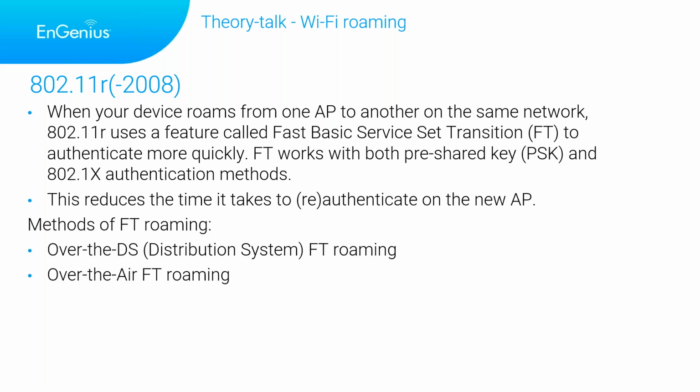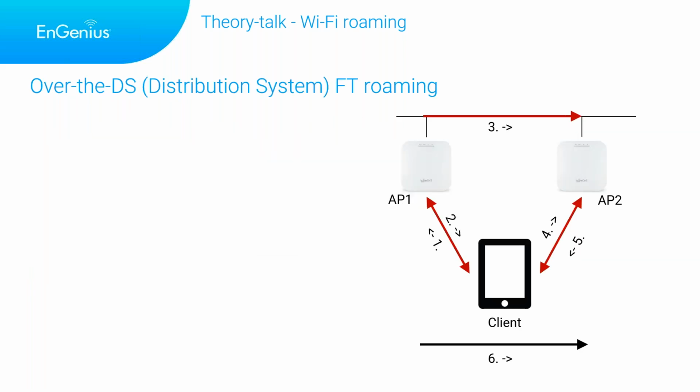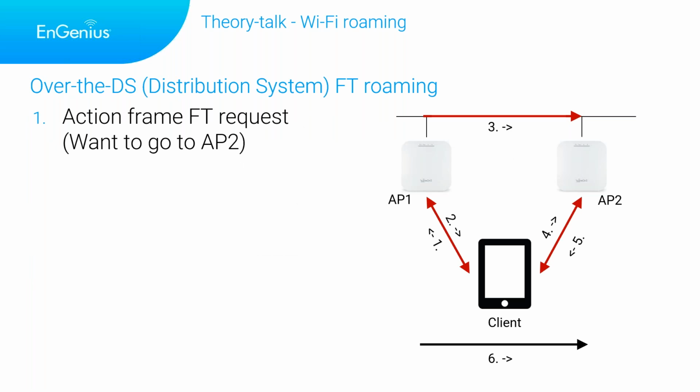There are basically two methods: over the distribution system, that's over the local area network, FT roaming, and over the air FT roaming. With the one over the distribution system, if a device wants to go to another access point, it sends that to the first access point.